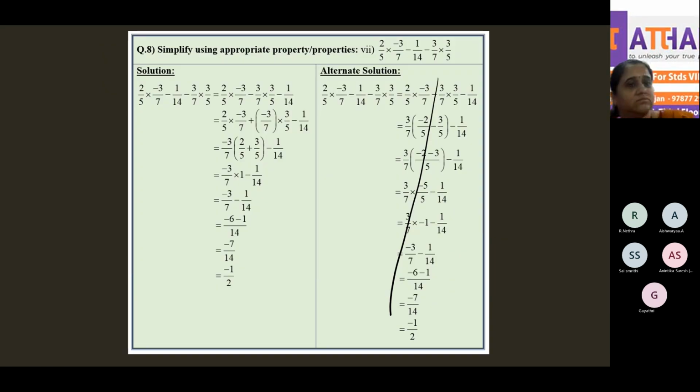This is over. Completed this, children, all of you?